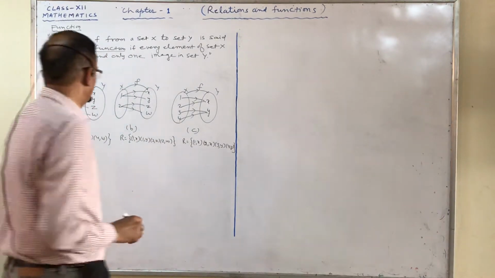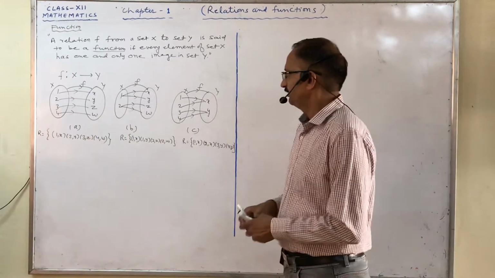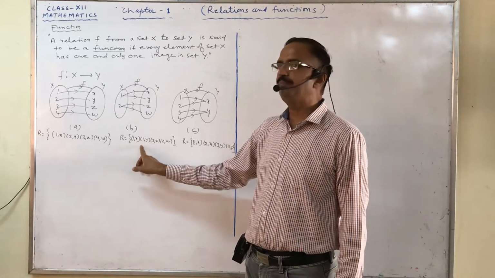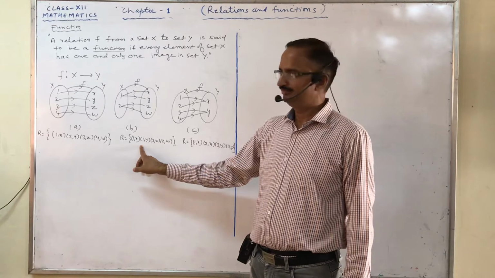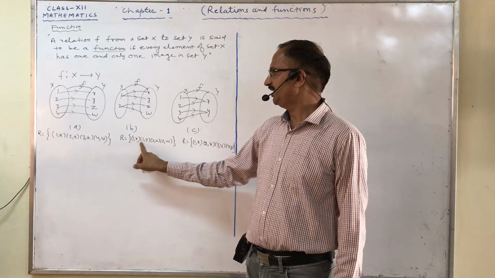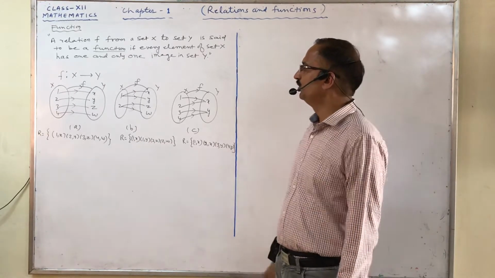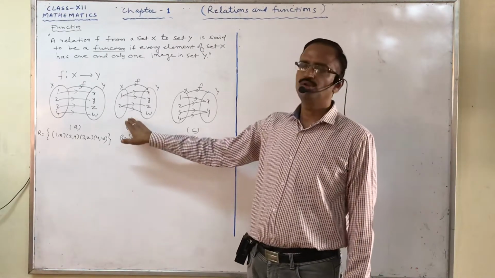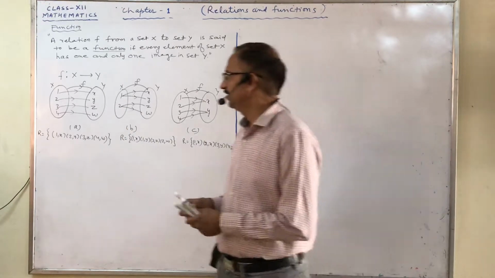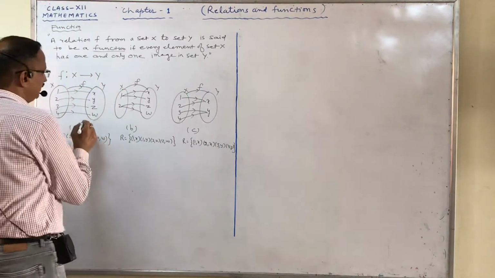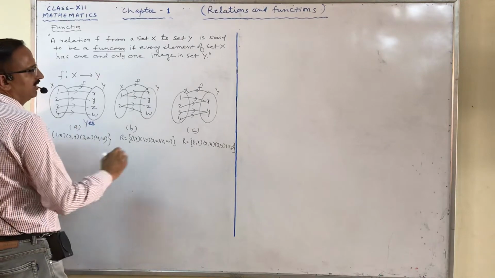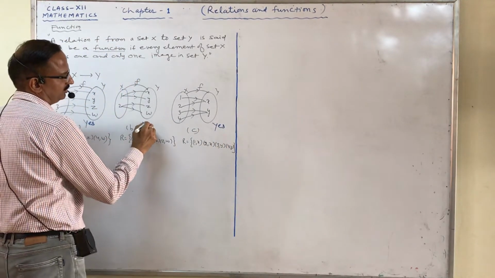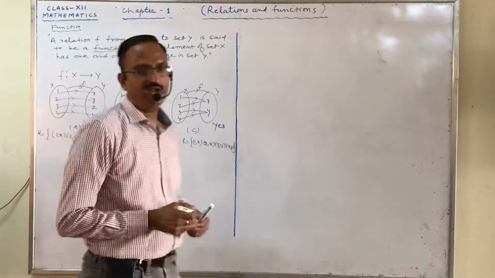Now, whenever the first element repeats, it means this element has two different images. So, this is not a function. This is a function, yes. This is a function, yes. This is not a function, no. Why?